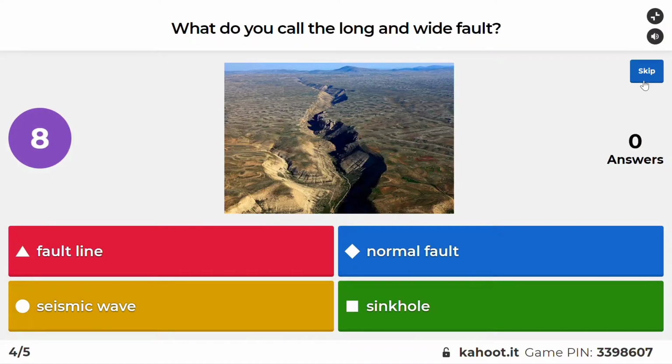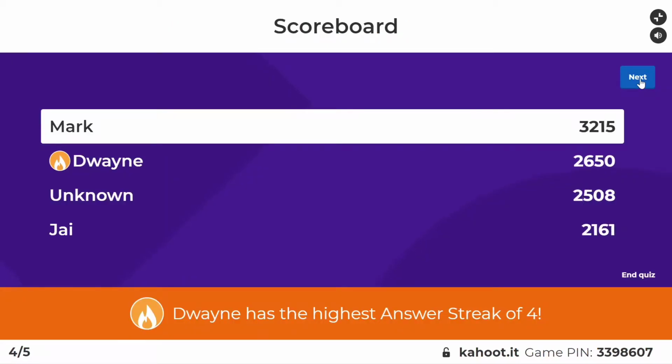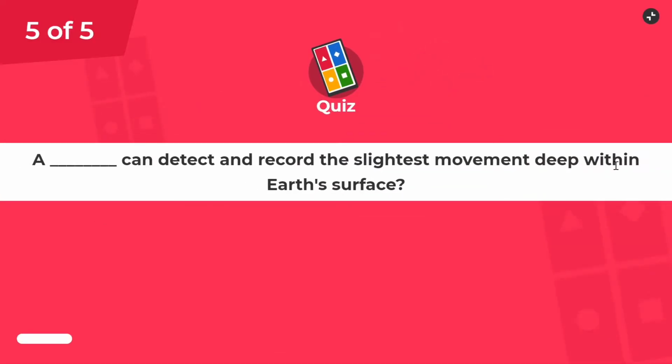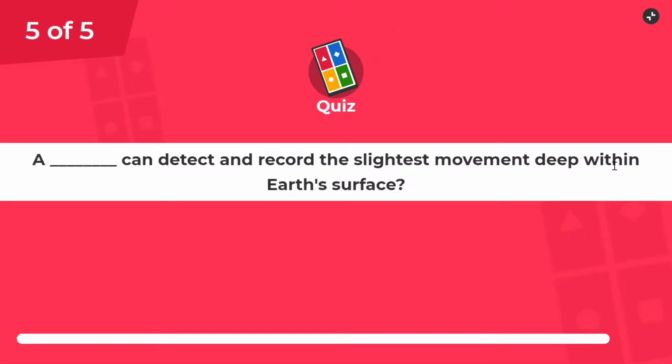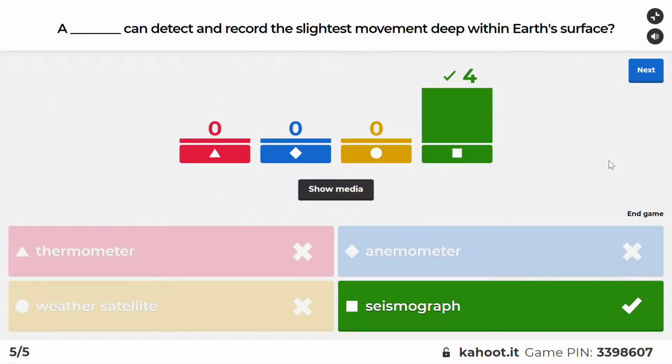Is it fault line, seismic wave, normal fault, or sinkhole? The answer is fault line. A blank can detect and record the slightest movement deep within Earth's surface. Thermometer, weather satellite, anemometer, or seismograph? The answer is seismograph.